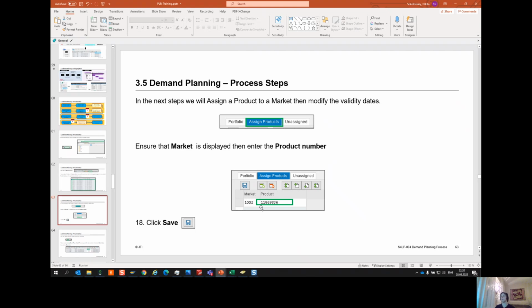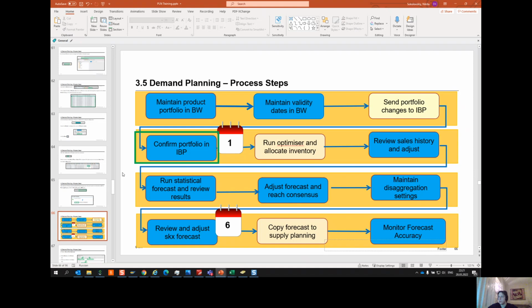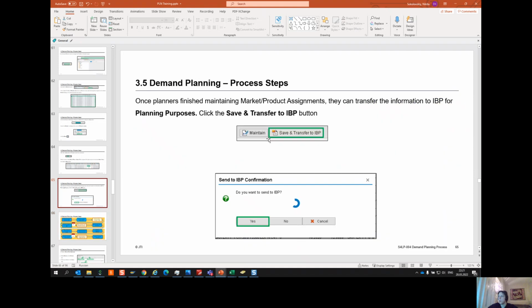You don't assign these products, you just keep them in the portfolio, let them be, but they are not used in the real planning process. So when they assign all the required products, they click save, and then they need to maintain the validity dates in the system. Then they click save again, and they transfer it to IBP. So that's pretty much it.